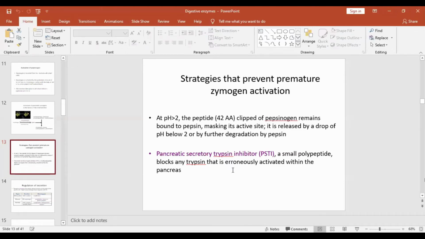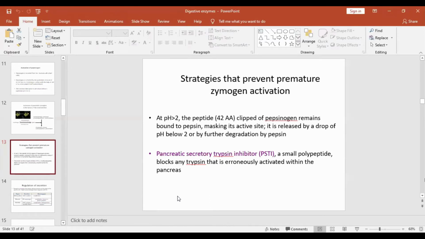If it is activated within the pancreas by error, PSTI will block it.